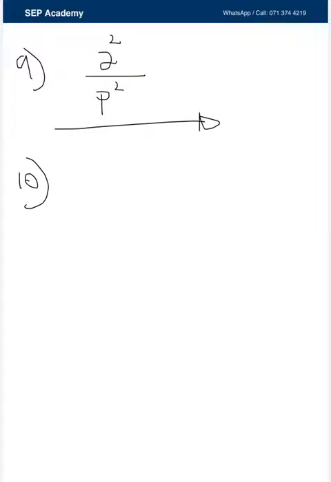Another example, let's say you have x multiplying, again, x to the exponent of 2, and then we close this, we say to the exponent of 3. So what did I say? The first thing you focus on is the bases.